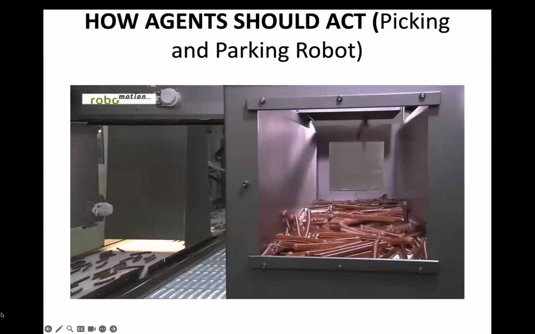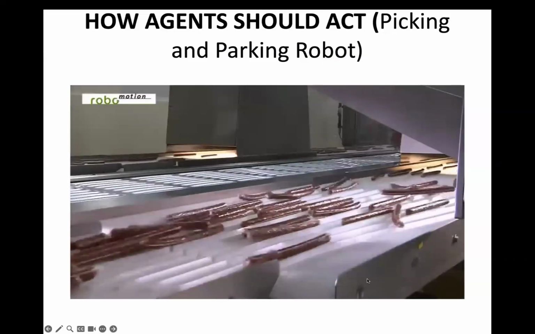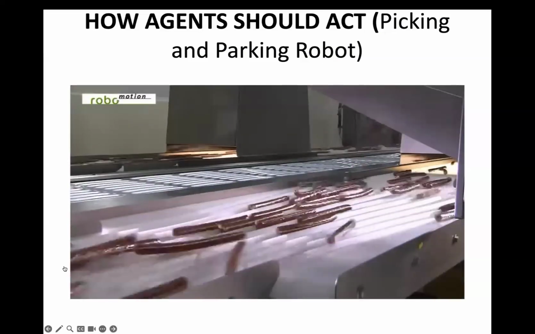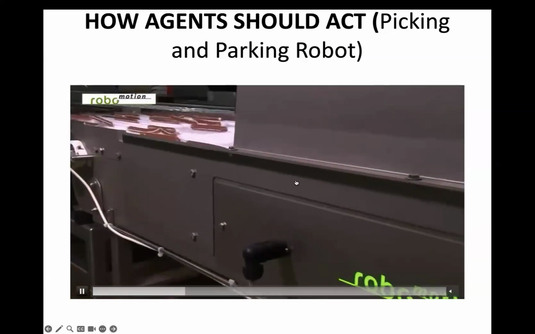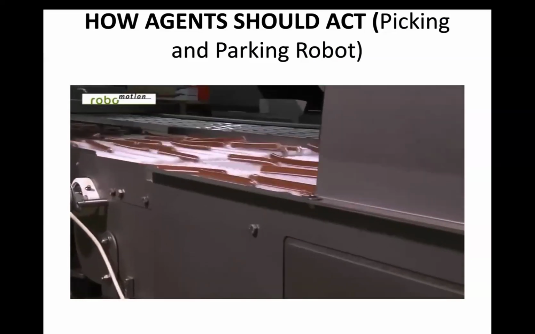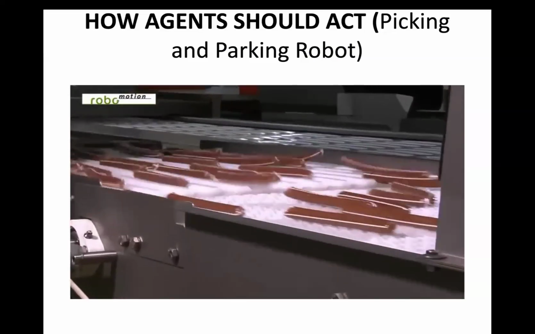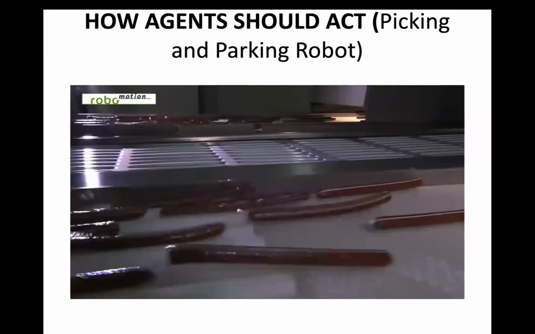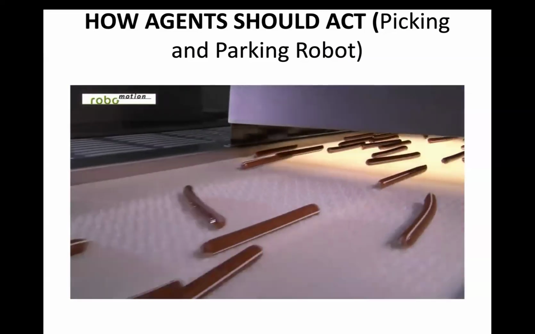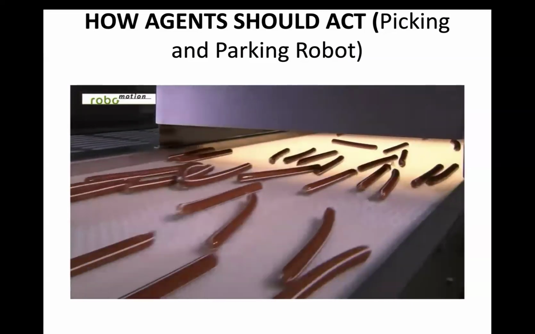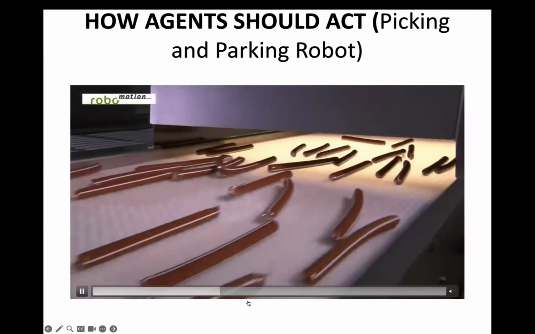These are the sausages as they are moving, and as they are moving, the robot is supposed to detect when there's something to pick, and pack them accordingly. So let's see what happens. These are moving on a conveyor belt.